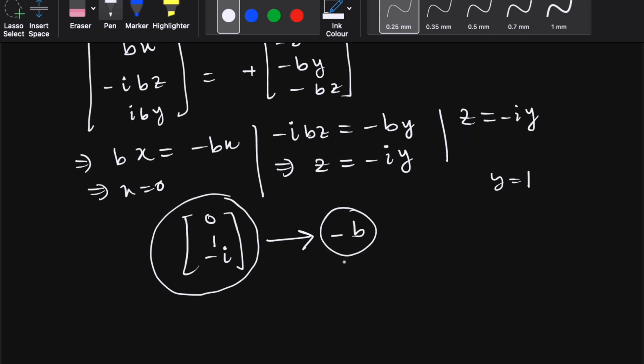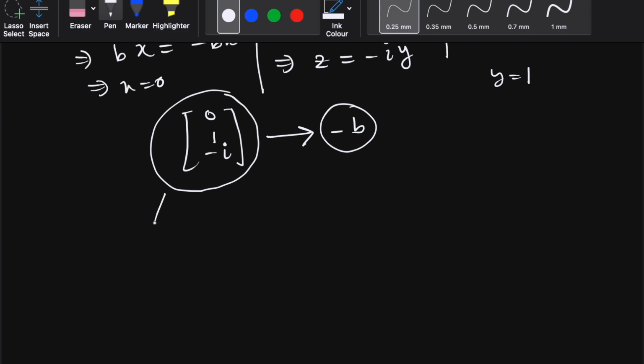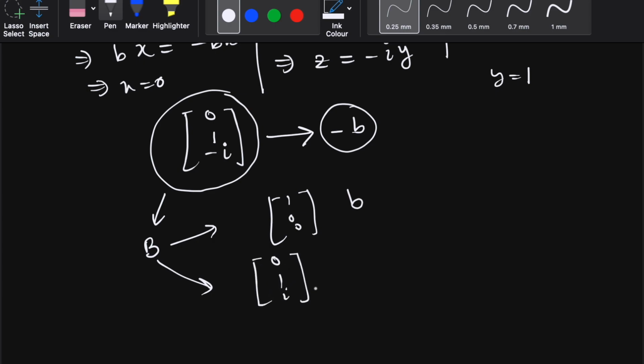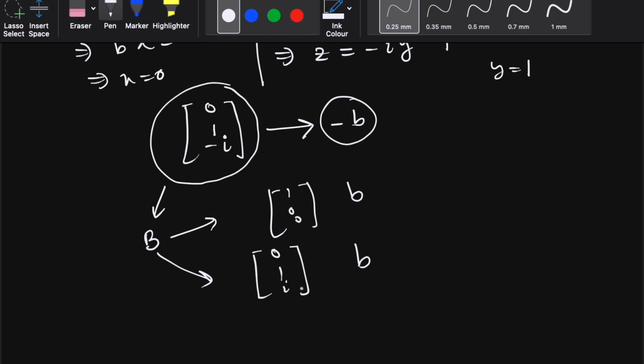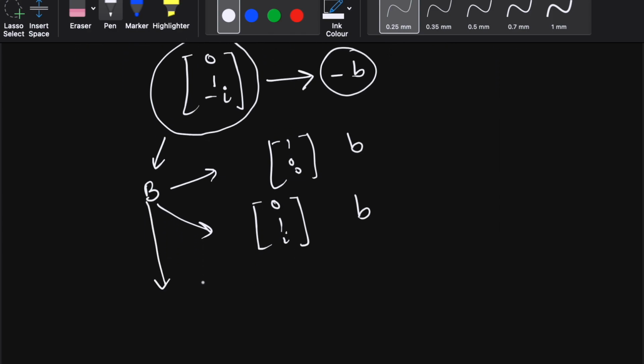Again, the three eigenkets of the operator B are: one is 1 0 0 corresponding to the eigenvalue b, another is 0 1 i, which again corresponds to eigenvalue b, and the third is 0 1 minus i, which corresponds to the eigenvalue minus b.